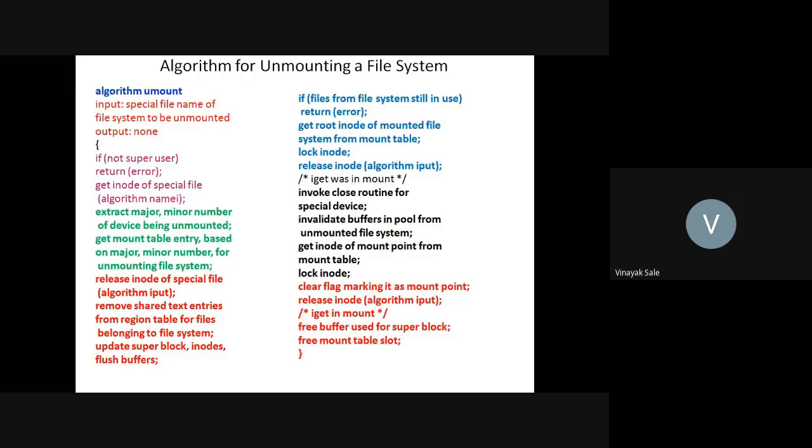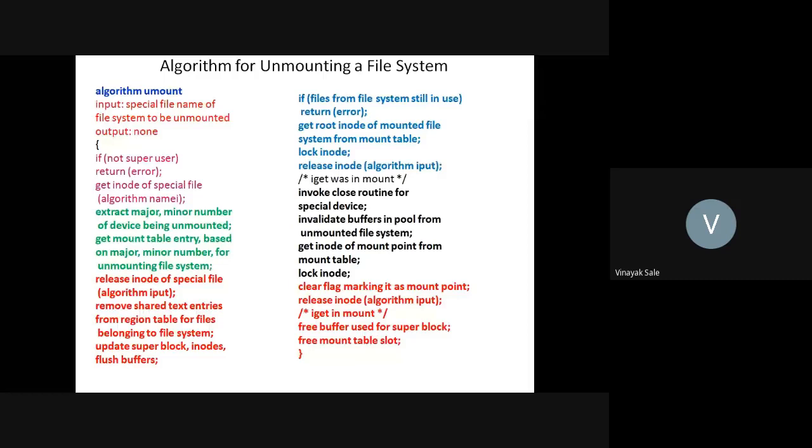If files from the file system are still in use, then return error. Get the root inode of the mounted file system from the mount table. Lock inode. Release the inode with the help of the iput algorithm.